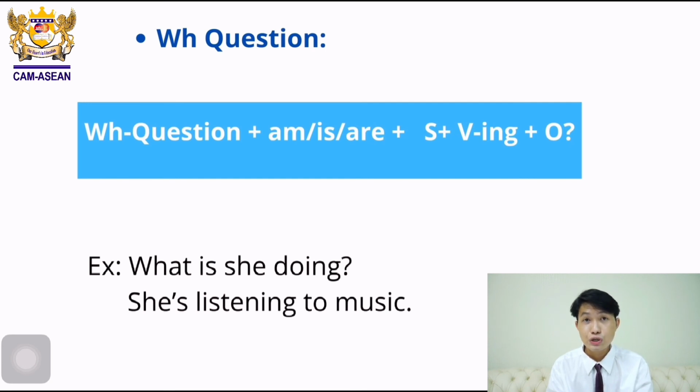Because is is used with what? The pronoun she, right? Yes. So, when you answer the WH question, you need to answer in an affirmative form, not yes. So the answer is she's listening to music.